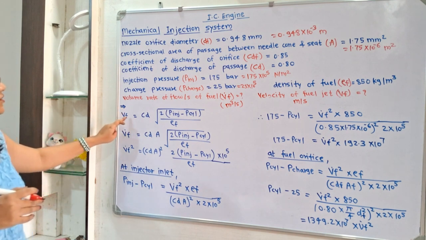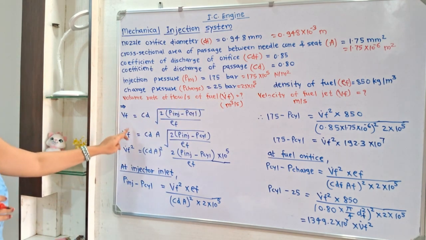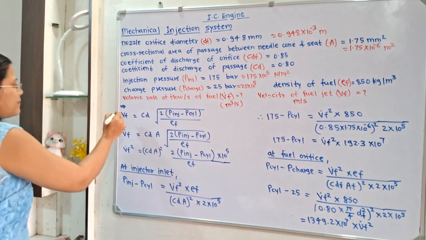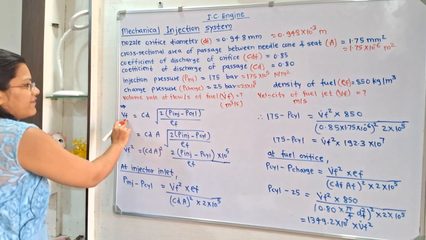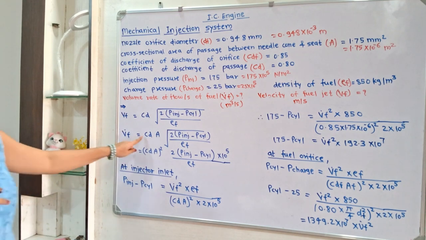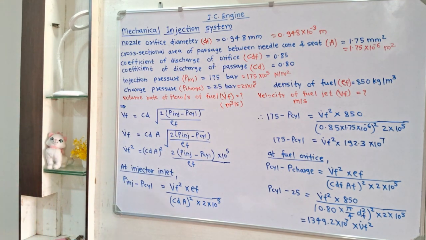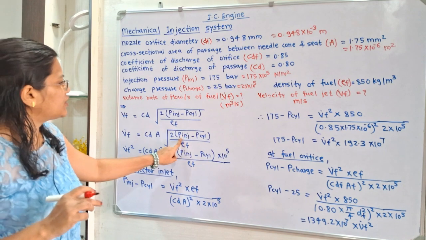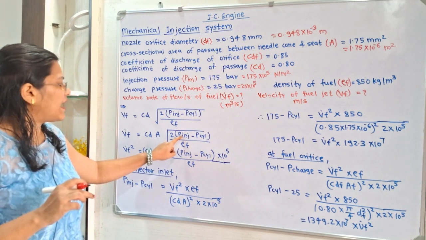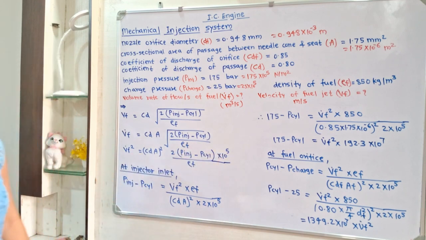Now we will convert this formula for Vf into terms of V dot F. We multiply on both sides with area A. When I multiply with area A, Vf becomes V dot F, and on the right we get CDA times the square root of 2 into P injection minus P cylinder divided by rho F. But the pressure is mentioned in bar, so when we put the value of P injection, 175, we have to multiply with 10 raised to 5.